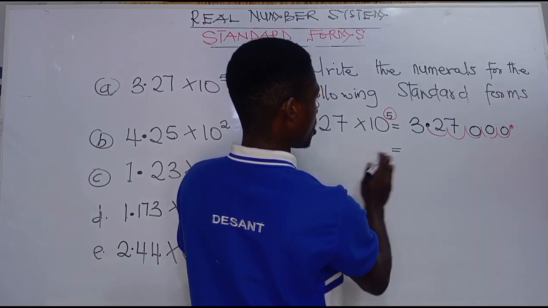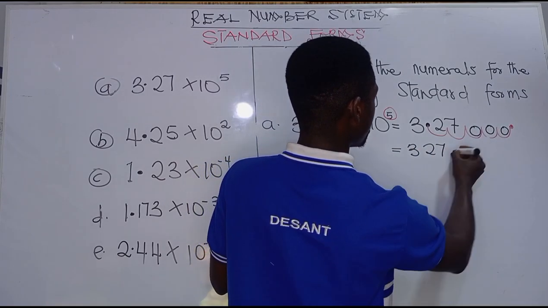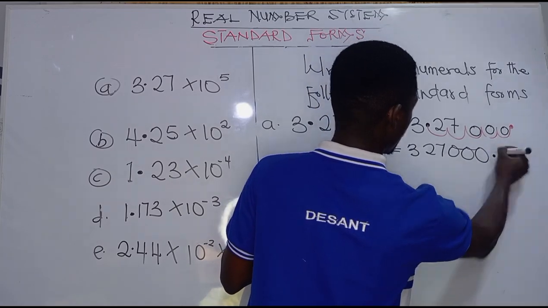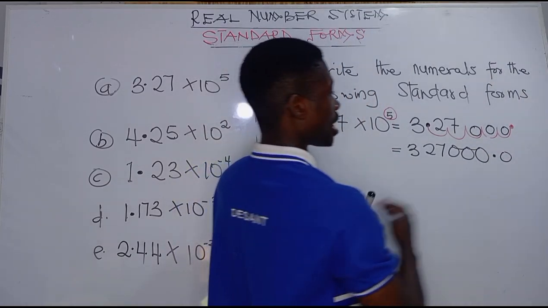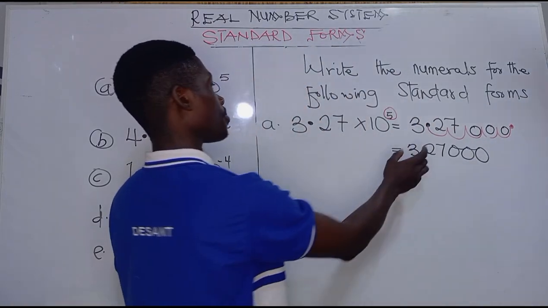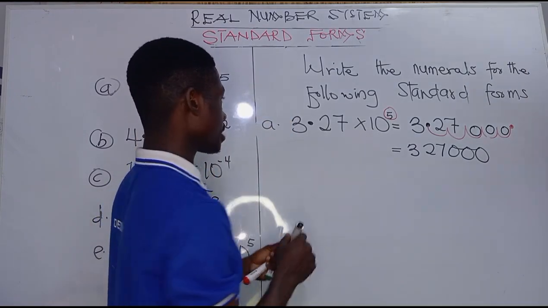Now our number becomes 327000. Our decimal point is here. You can decide to add .0, you know that this is the same as this. So this is our number for this very standard form. Let's look at the next example.